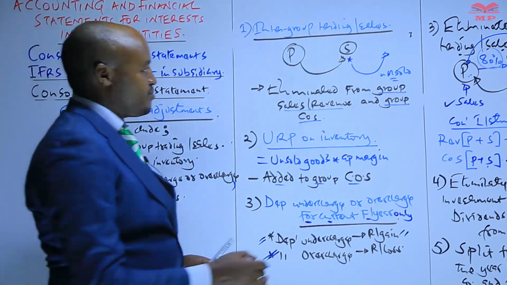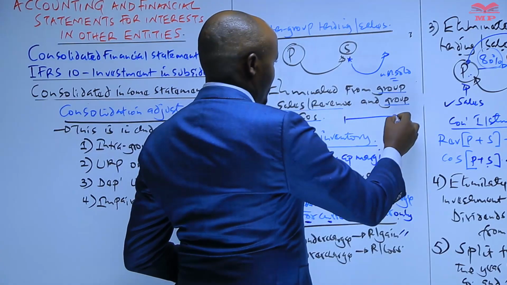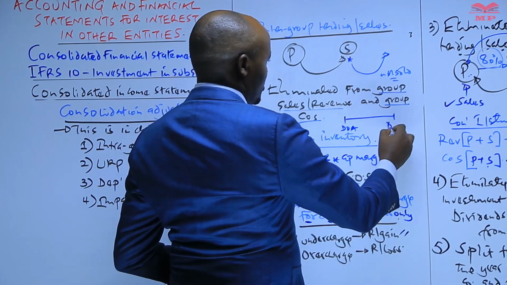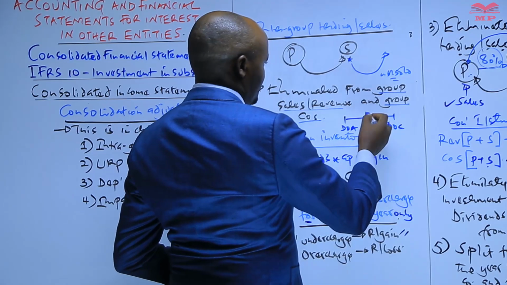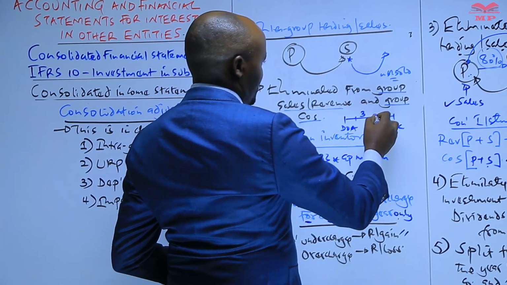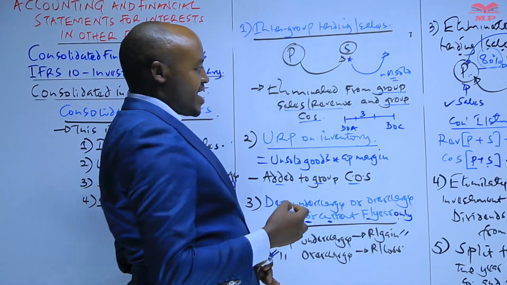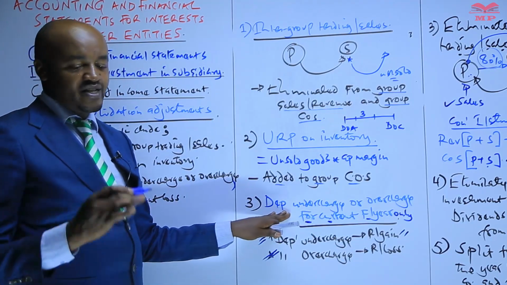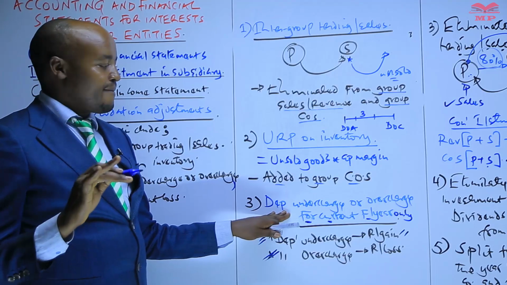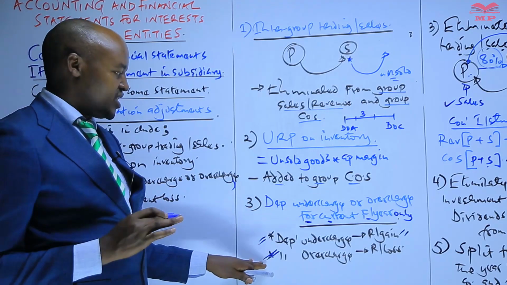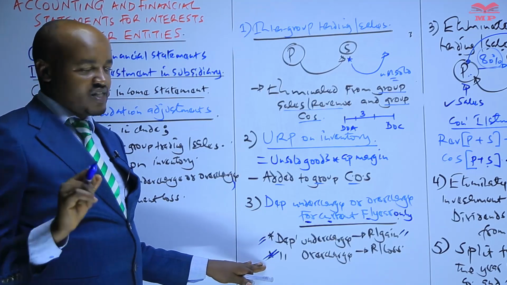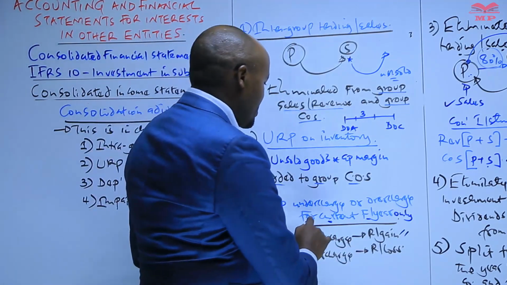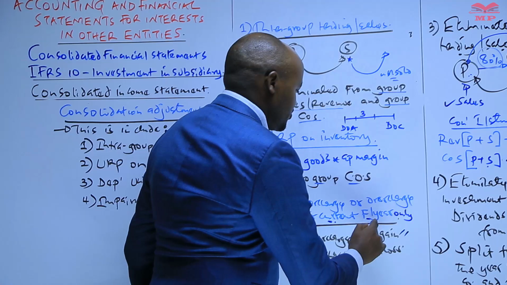Because if, for example, from the date of acquisition to the date of consolidation you have like 3 years, the subsidiary will have a depreciation other charge for how many years? 3 years. But now in preparing the consolidated income statement, we only consider the depreciation other charge for the current financial year only.